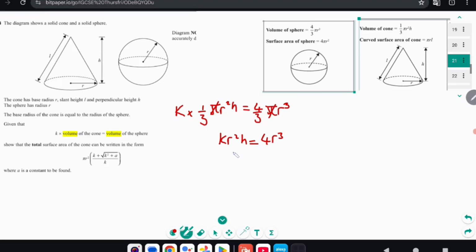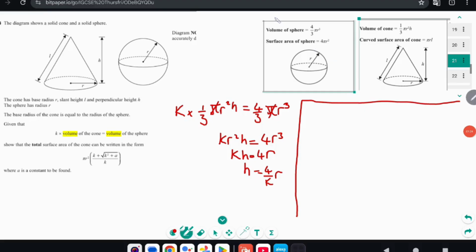Let's divide by r squared. So h is equal to 4 over k r. So we can rewrite h here as 4 over k r.